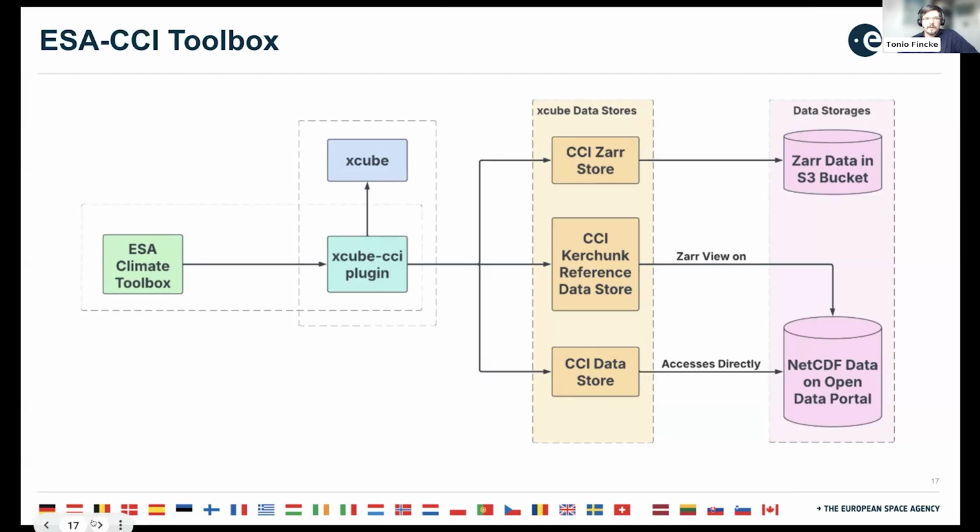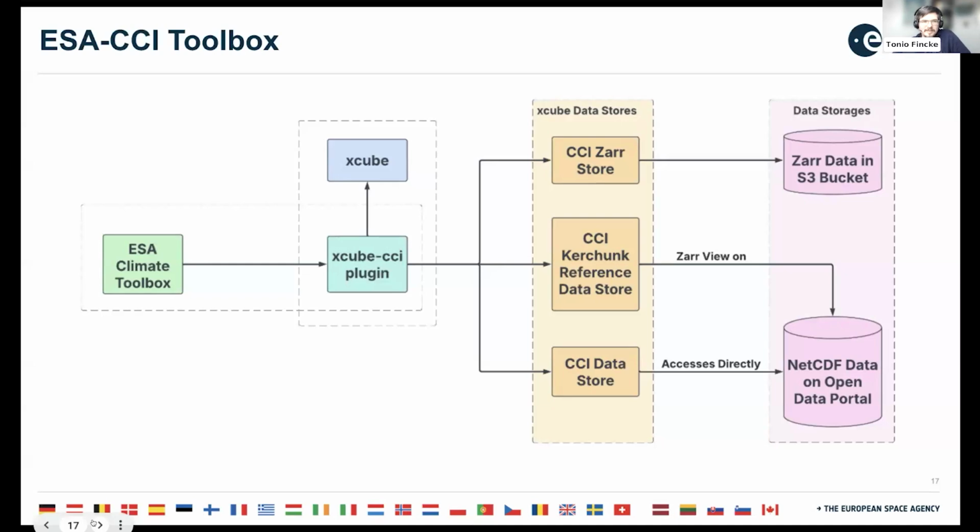Basically, we provide all the data from the store at the very bottom, the CCI data store. We provide some of the data, I guess most of the data, also as Kerchunk, but not all of it. And then there's the third option, which is the Zarr store. This is for some selected datasets, but it is the best option, the deluxe option, so to say.